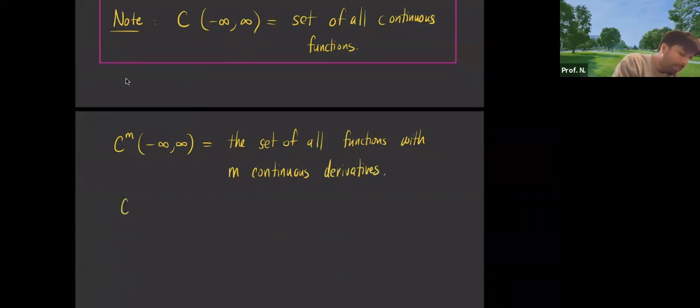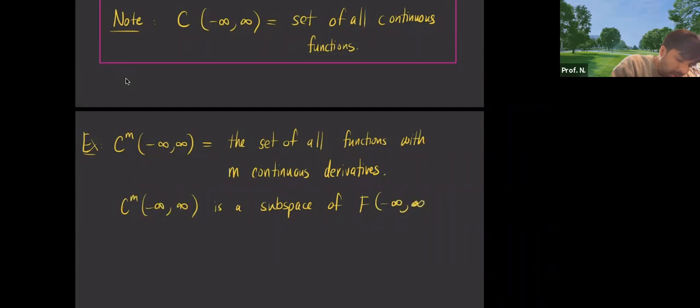And C^m of negative infinity to infinity is a subspace of F. So this is the set of all functions whose derivatives, if you take the derivative m times, every one of those derivatives that you get is continuous.